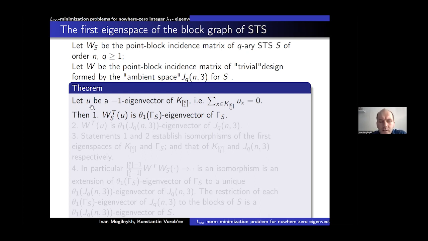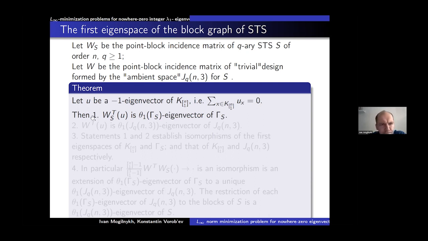Let's consider the complete graph, which has n choose 1 vertices. And any first eigenvector of this graph would be described as follows. It's just any vector having the sum of its elements equal to 0.